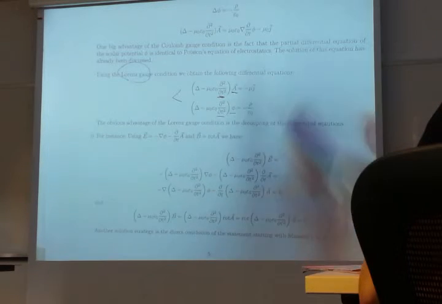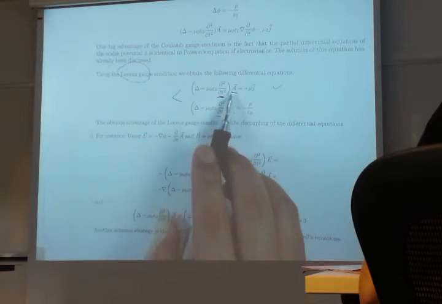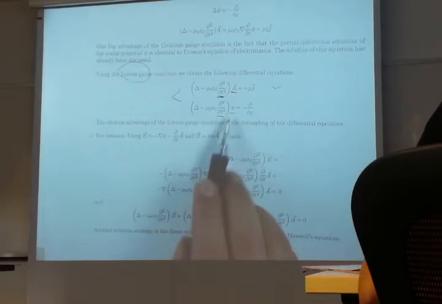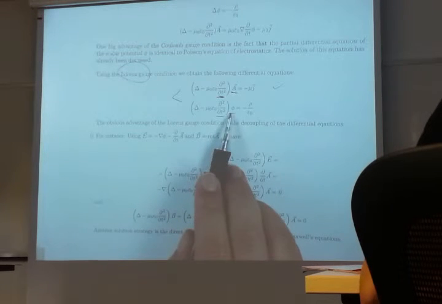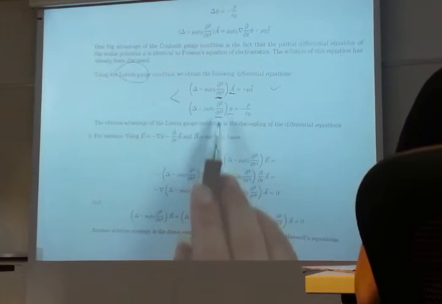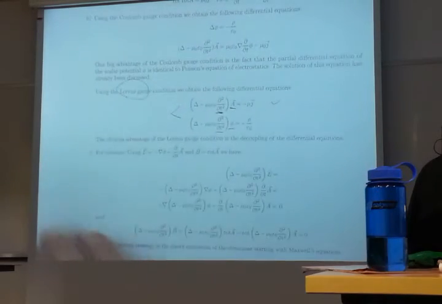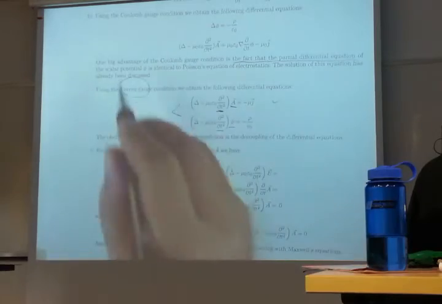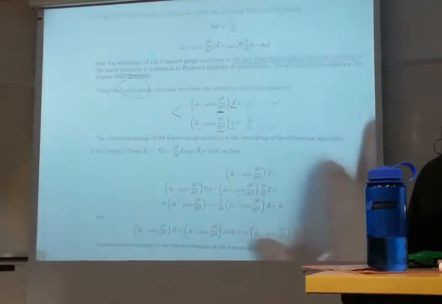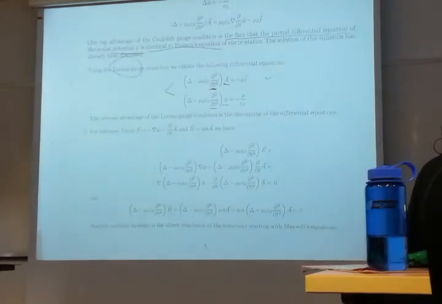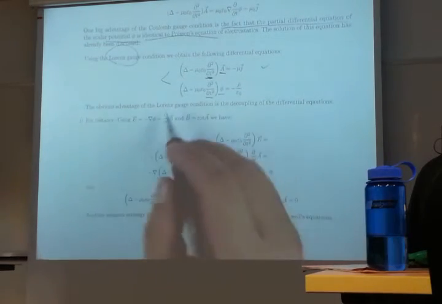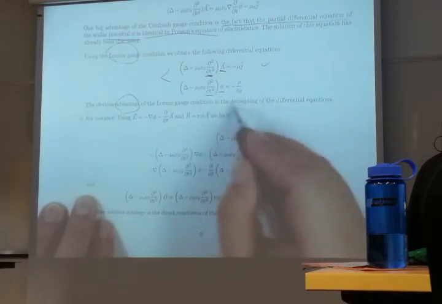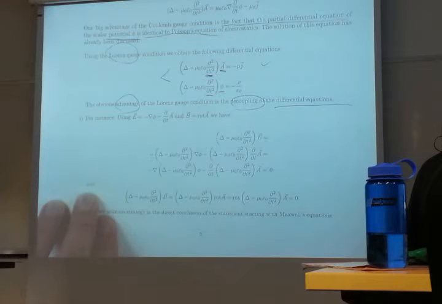So for this one you can solve for A, and for this one you can easily solve for phi. Okay? So this is what this sentence is trying to say. The partial differential equation is identical, and the advantage is to decouple the differential equation.